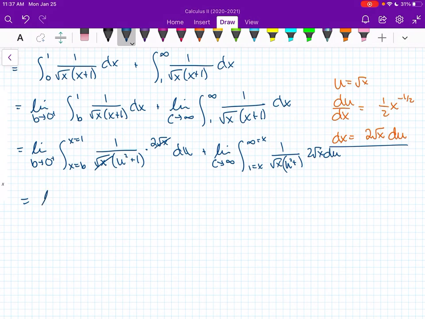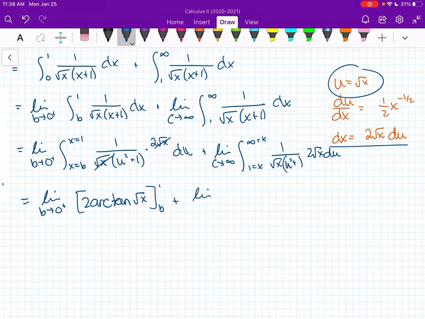I have the limit as b approaches 0 from the right, and then I have 2 arctan of u, which is the square root of x, from b to 1. I switched everything back to x. And then same thing over here: limit as c approaches infinity of 2 arctan square root of x from 1 to infinity. I don't need to write the x equals because everything is back in terms of x.